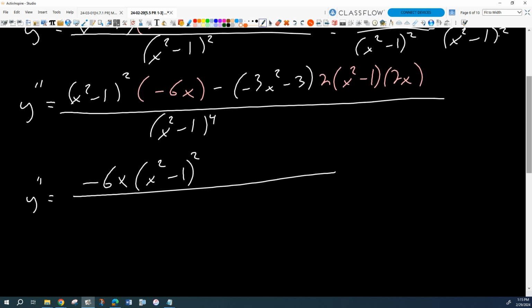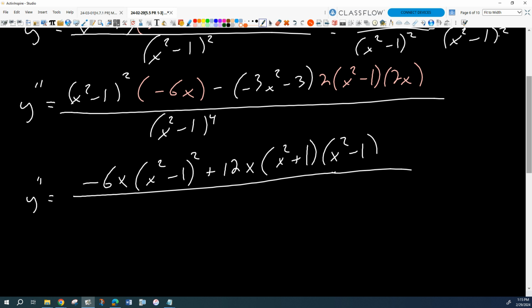Okay, so if we distribute that negative, we're just gonna get plus. Let's factor out a 3. So we're gonna get 12x times x squared plus 1 times x squared minus 1. Does that look right? Okay.